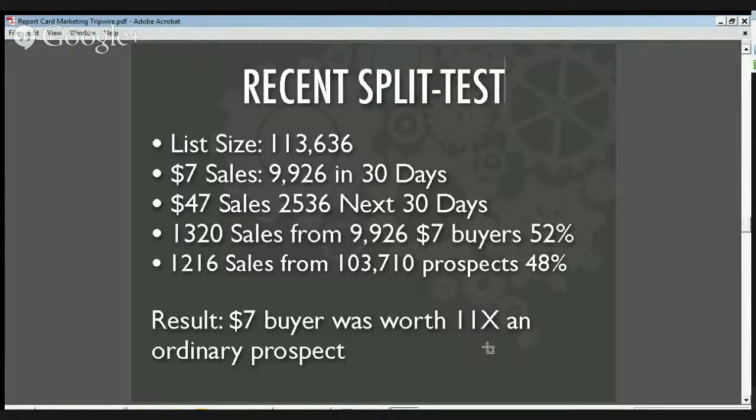That was 48%. So you look at that and you go, the power of that. It results in the people that bought the $7 tripwire being worth 11 times more than an ordinary prospect. So it's significant when you start running the numbers and really figuring out what is the best ideal tripwire for you to run with your business and what you're doing.